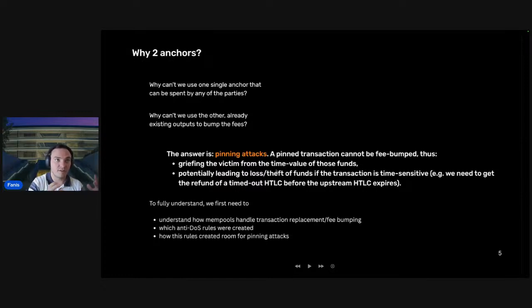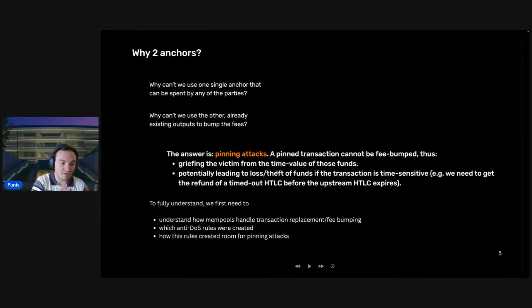Or else you could find yourself in a tricky situation where the node before you could have claimed the value of the HTLC when it expires, for example, off-chain, so without going on-chain. And then maybe the node that is after you, so downstream in the payment route, could come back online and claim the funds with the pre-image, and then you would have nothing, and you would have lost the value of the HTLC.